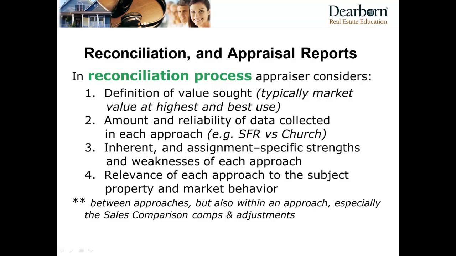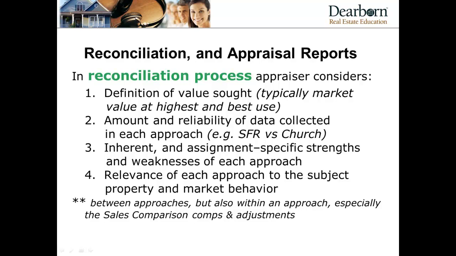And then also, is that type of approach, say the cost approach, typically used by participants, by buyers and sellers in the market? Or if not, then it shouldn't be given much weight. And so using that as well in terms of the overview of what are the strengths of each of the approaches and each of the pieces of data needs to be considered as well.